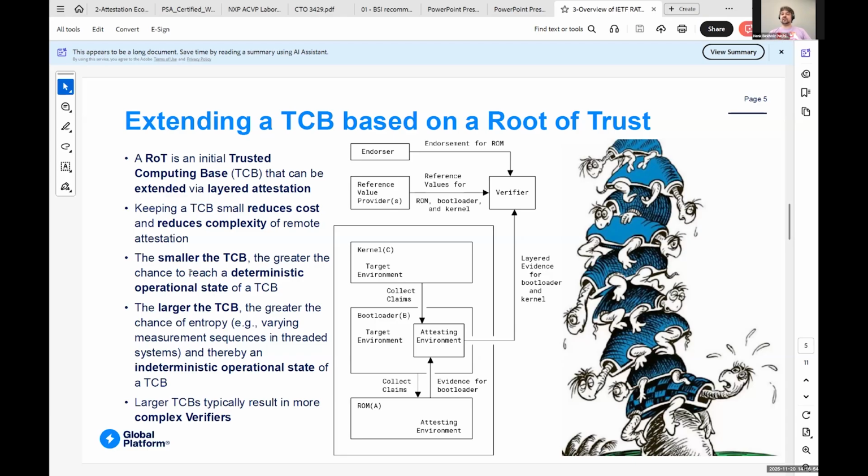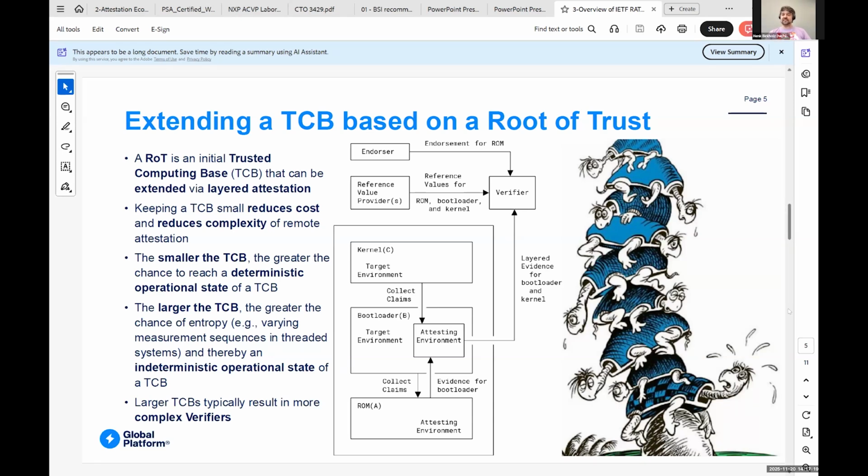As long as these attestation trees are not too big, the measurements are relatively small. So it is typically a goal to keep this layered set as small as possible, because you probably will result in a deterministic measurement each boot cycle, the smaller the TCB is, and thereby the cheaper the cost and the complexity.